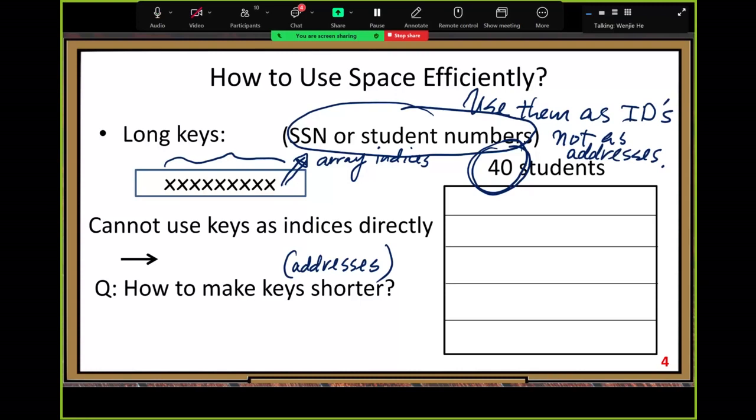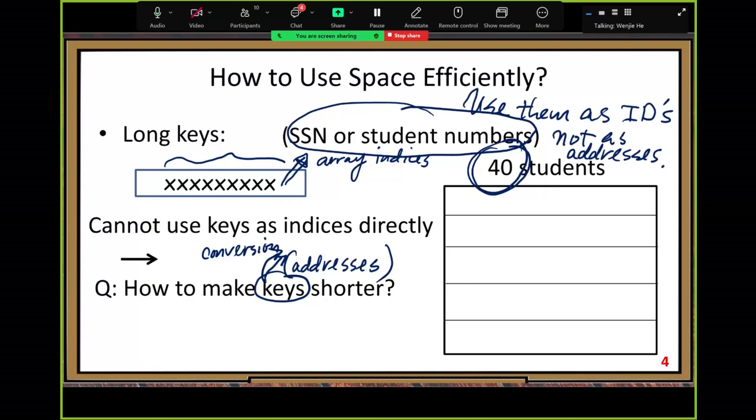But addresses come from keys, so there must be a conversion step.